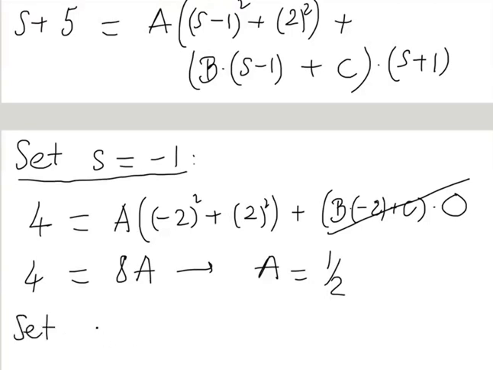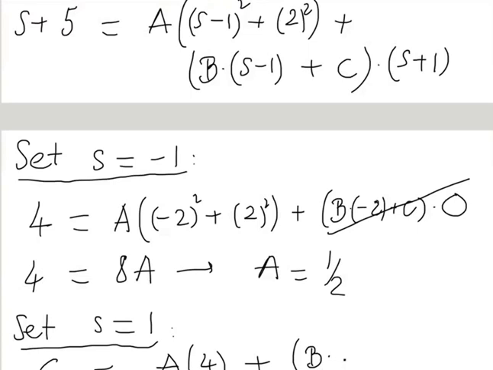Now next, we can set s to be 1. That's another special value, because when s equal to 1, we will kill off this b times s minus 1. On the left side, we have 6 equal to a times 2 squared is 4 plus b times 0 plus c times 2 here.